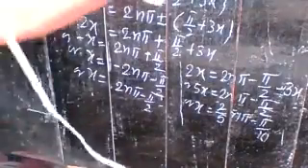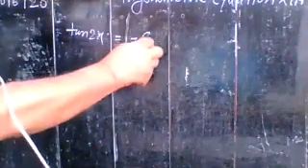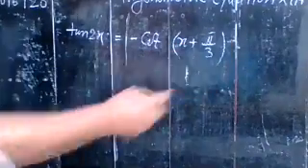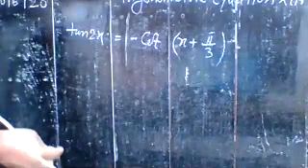In the same way, you have a similar type of question. So solve tan 2x is equal to minus cot of x plus pi by 3.